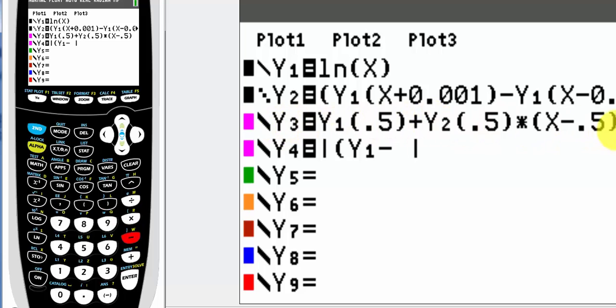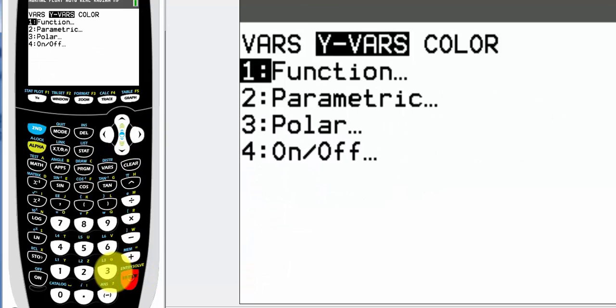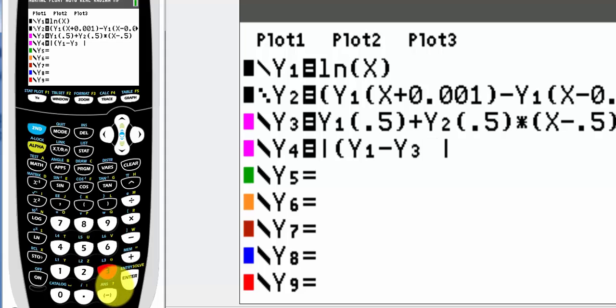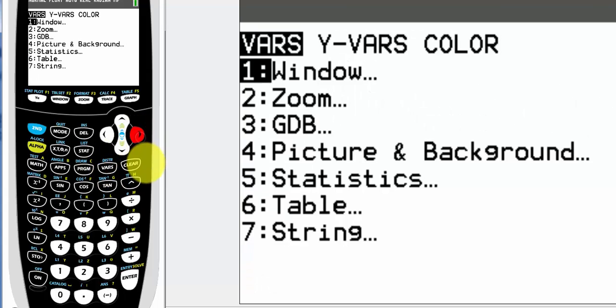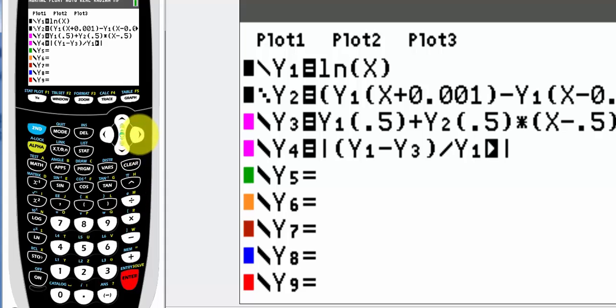Minus approximate, that's y3, right? That's my tangent approximation. I put it in y3. So vars, y-vars, function y3, right here, divided by exact. So divided by y1, vars, y-vars, function y1. Okay, and let's read it directly in percent, so times 100. Here we go.